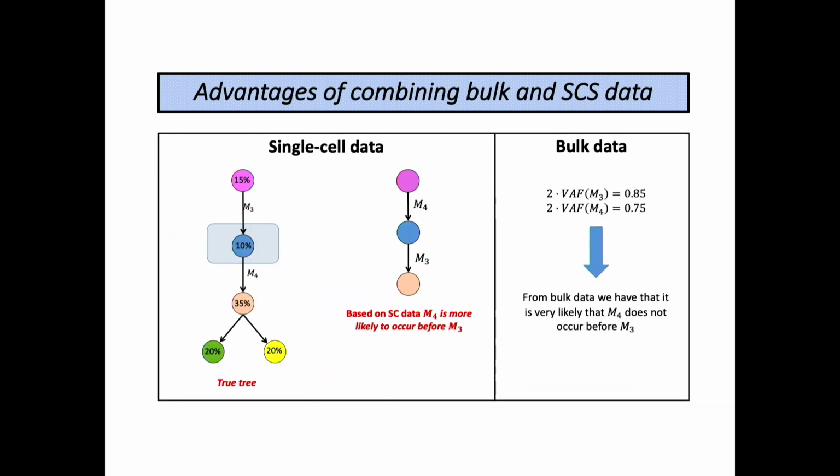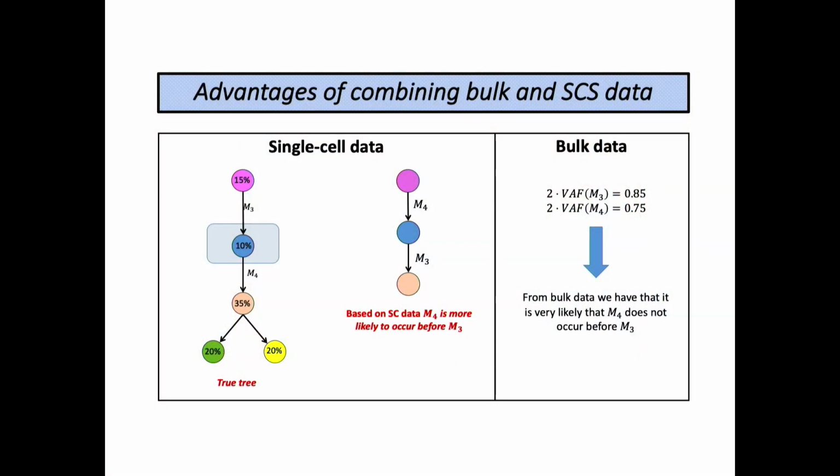So we have a method to jointly analyze single cell and bulk sequencing data in a way that from bulk data we have the variant allele frequencies of each one of the mutations, under the assumption that they represent the actual total prevalence of all of the clones and subclones that harbor them, plus the single cell data is just presented to you as a mutational matrix, and you try to integrate them in a meaningful manner.